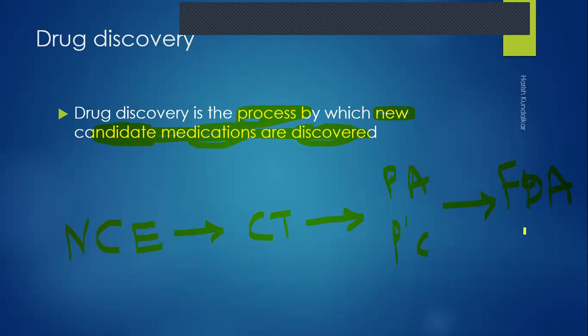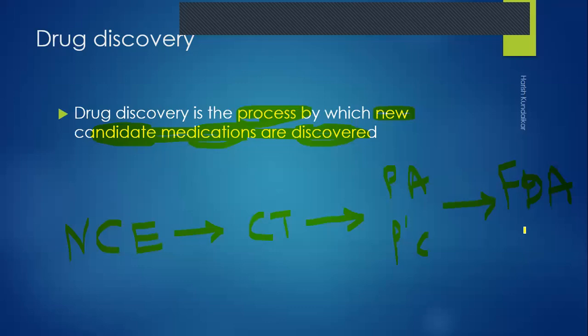They'll look into the purity of the NCE. They'll look into the impurities that are possibly present in the NCE. So, for example, if the pharmaceutical company which is applying for NDA, that is new drug application, files that the NCE they used in their formulation was 99.99% pure, then what will FDA do?